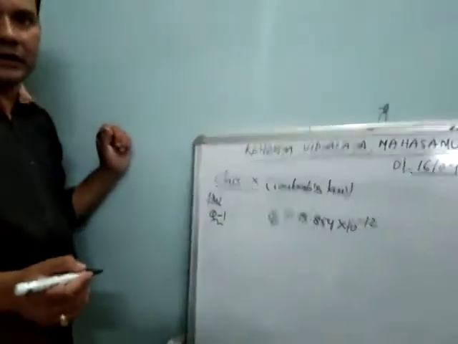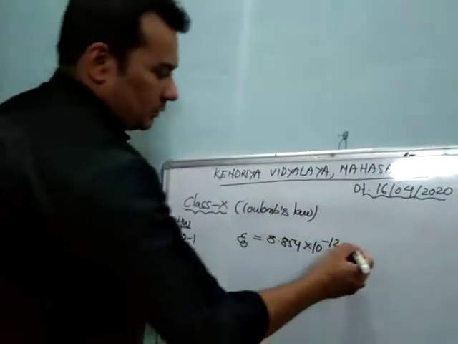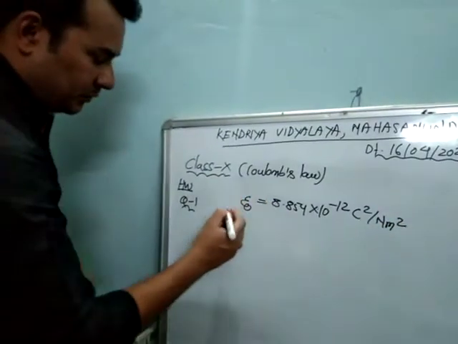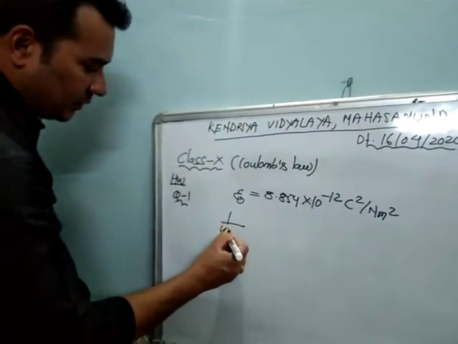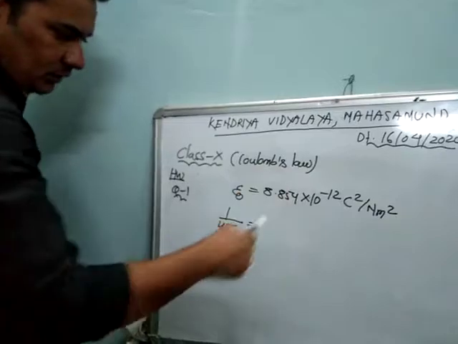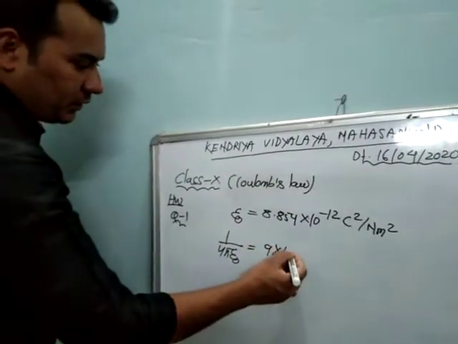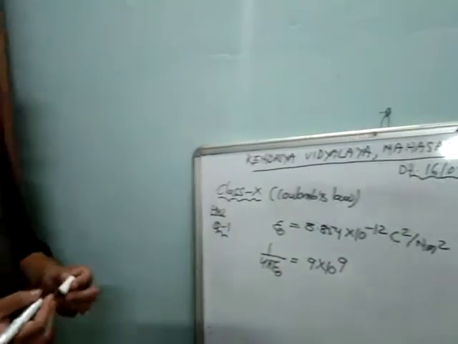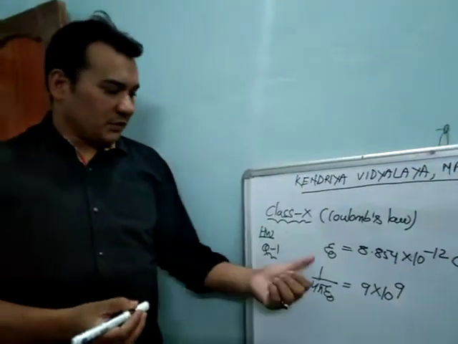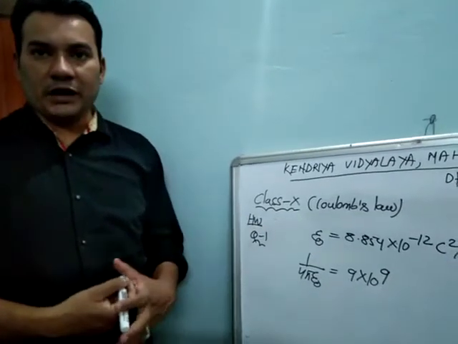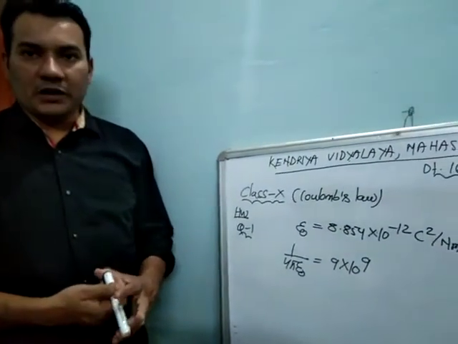The unit was coulomb square by Newton meter square. Now if you put this value, what is the value of 1 by 4 pi epsilon naught? You can solve this by putting the value of pi and epsilon naught. It will be 9 into 10 to the power 9. So if there is vacuum between the two charges, in place of k or 1 by 4 pi epsilon naught, you can use this value 9 into 10 to the power 9 for numerical purpose.